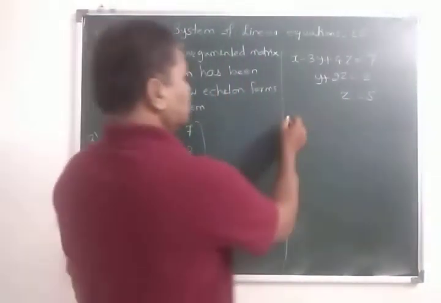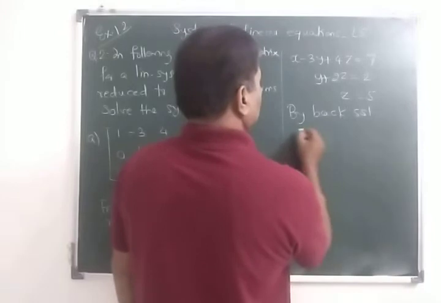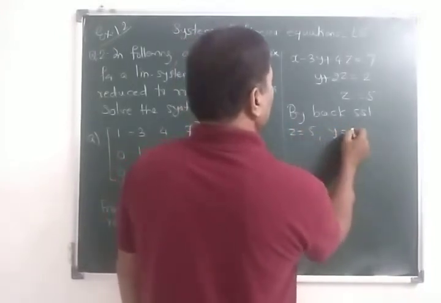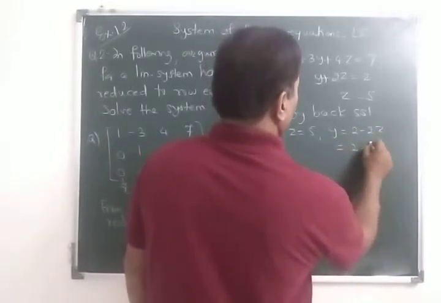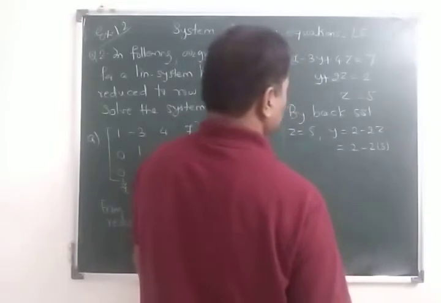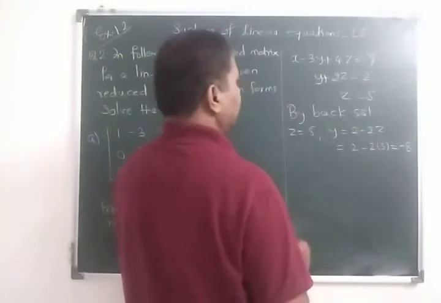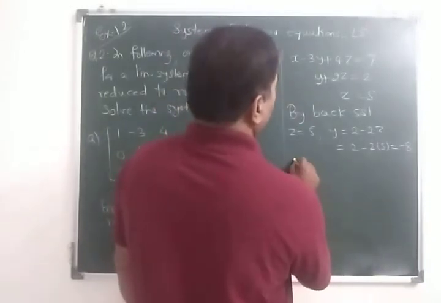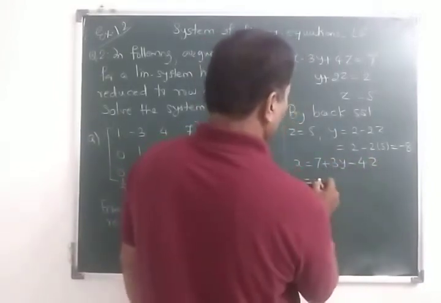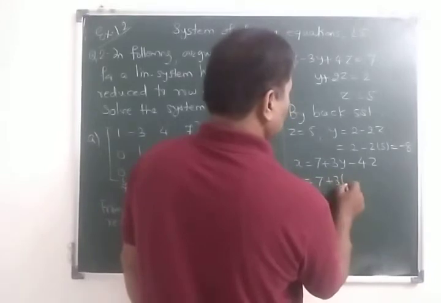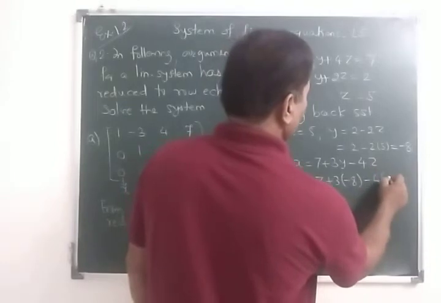So by back substitution, z is 5, then y is equal to 2 minus 2z, which is 2 minus 2 into 5. That will become minus 8. Then x is equal to 7 plus 3y minus 4z, which is 7 plus 3 into minus 8, and minus 4 into 5.